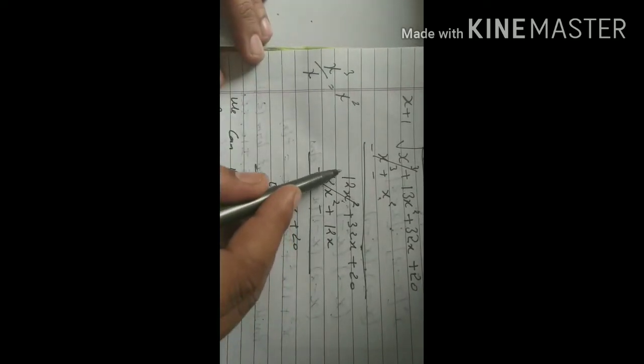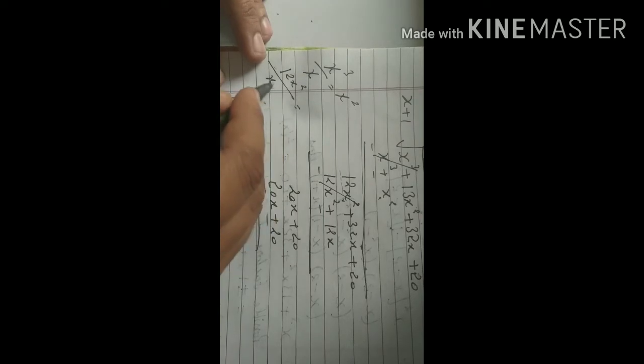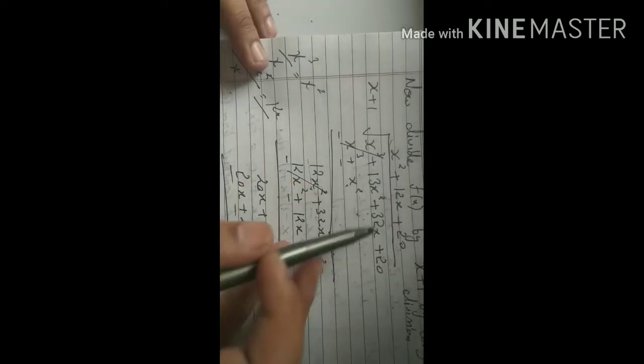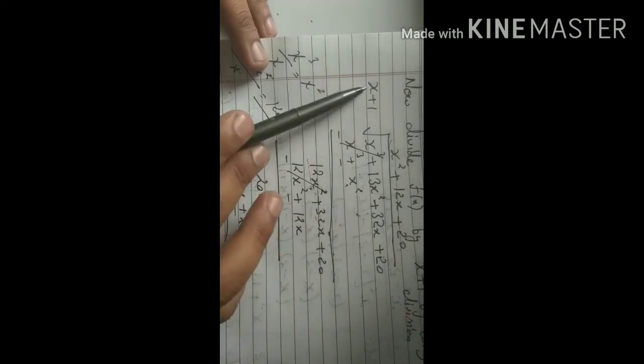Now the first term is 12x square. If we divide 12x square by x, we get 12x. So we take 12x. After multiplication we get 12x square plus 12x. After changing the sign, these terms cancel. 32x minus 12x is equal to 20x, plus 20 is the same.